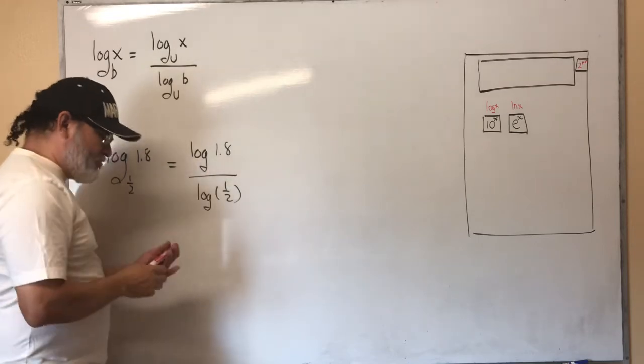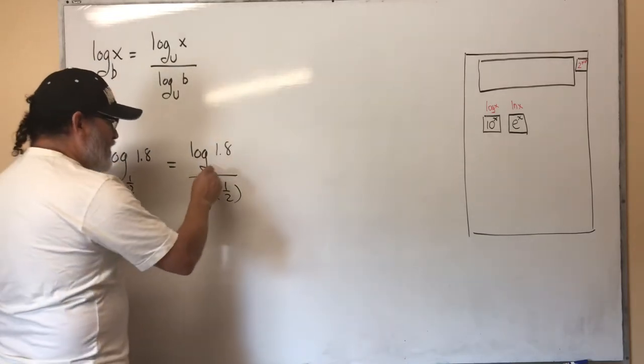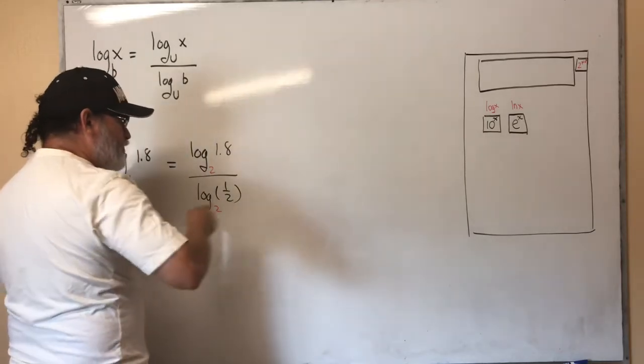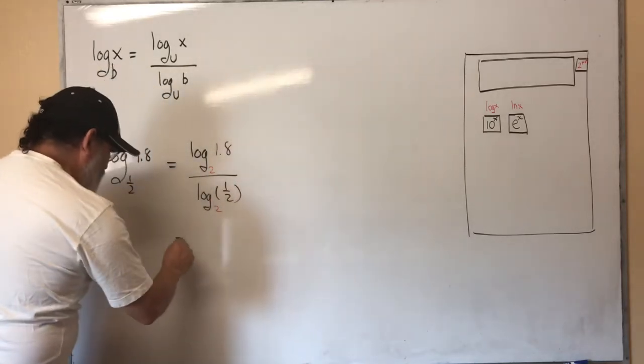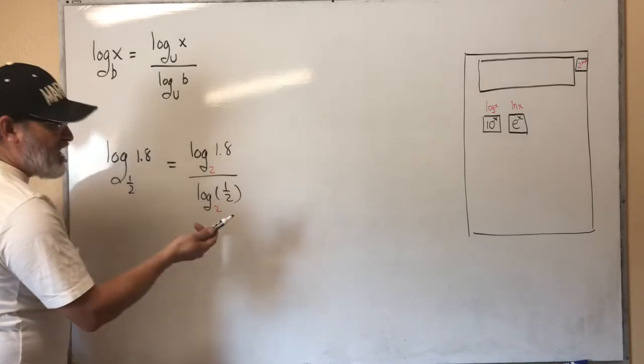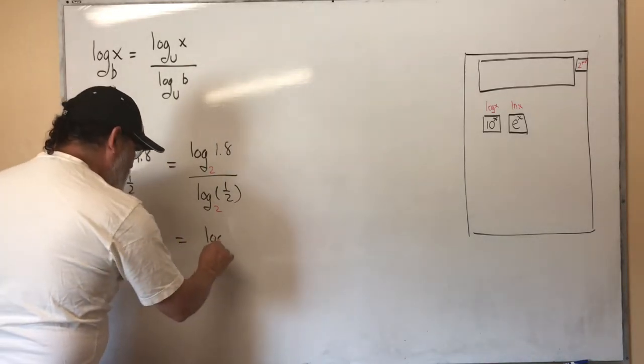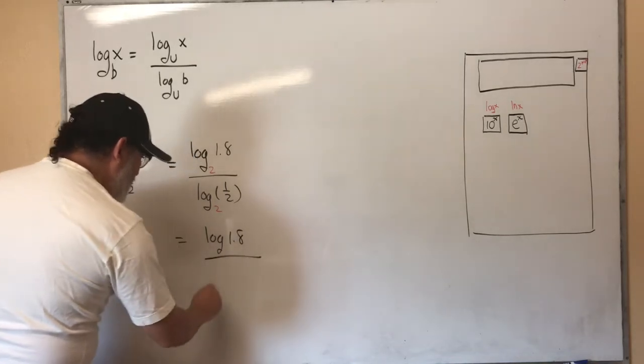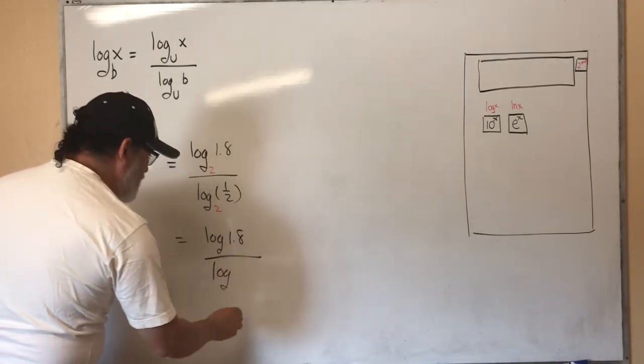If you want to pick base 10, you can. So this is log base 10 of 1.8 divided by log base 10 of a half.